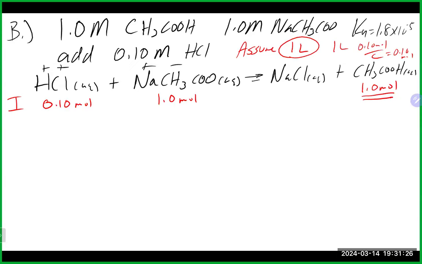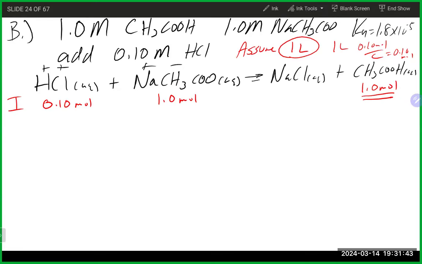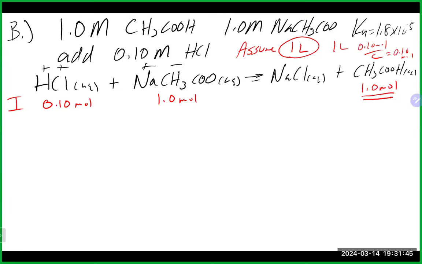If this is a good buffer, should I have any HCl when I'm done? No, right? And that means in this case, slightly different, I already know what the change is. It's not X. I know this is a buffer, which means it should use up all of the HCl that I just added, which means the change here is actually going to be the amount of moles of HCl.